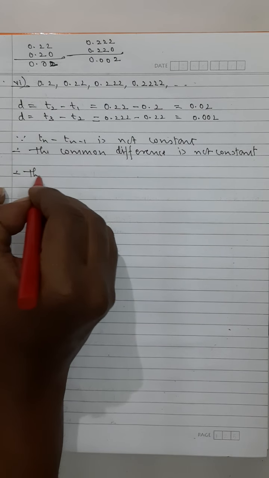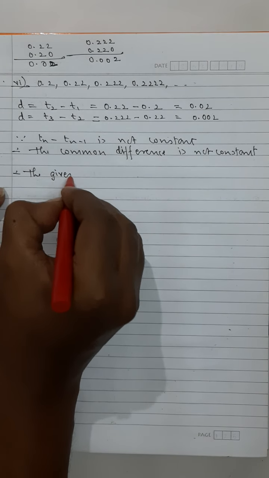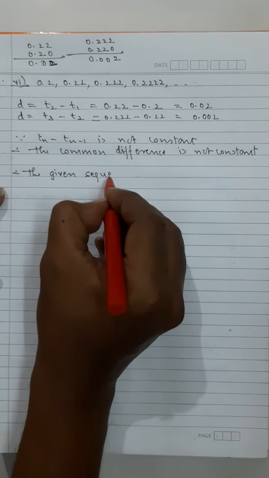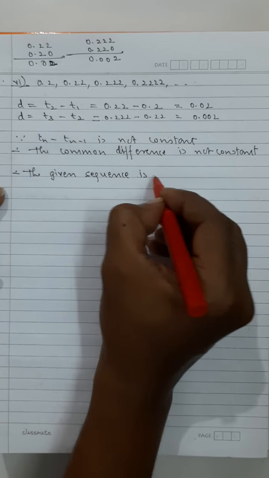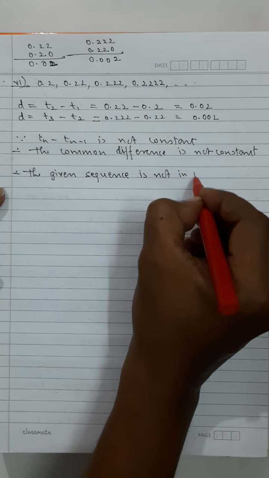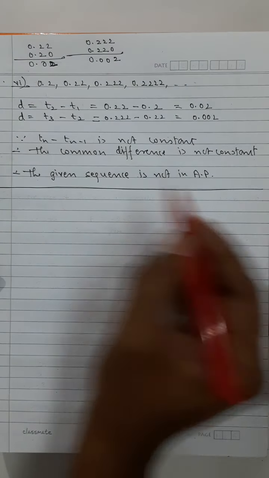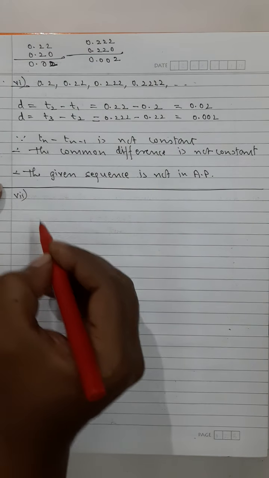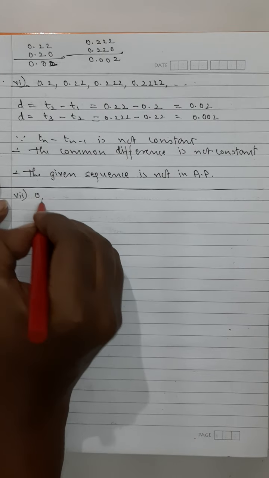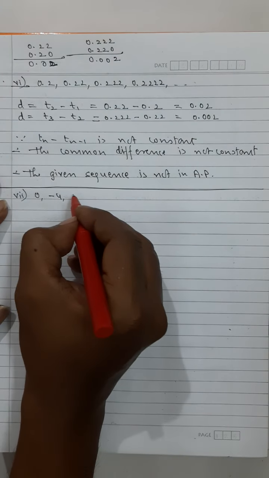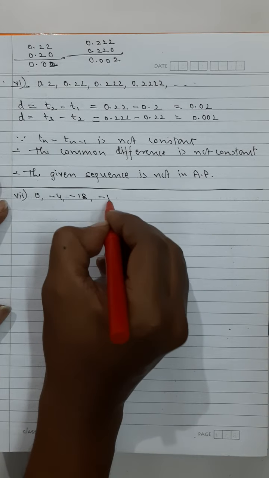Therefore, the given sequence is not in arithmetic progression. Right? With this we go to question number 7, that is 0, minus 4, minus 8, minus 12 and so on.